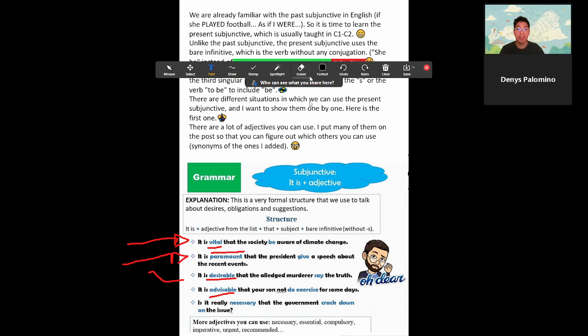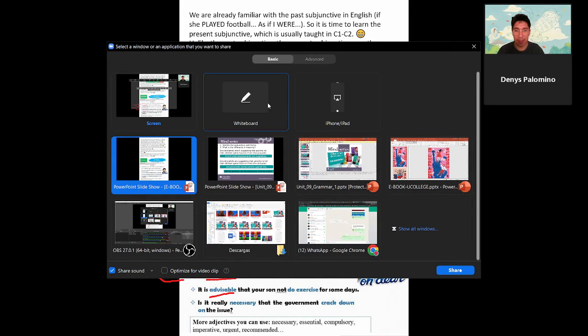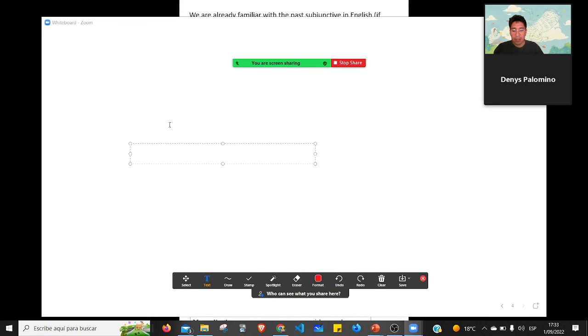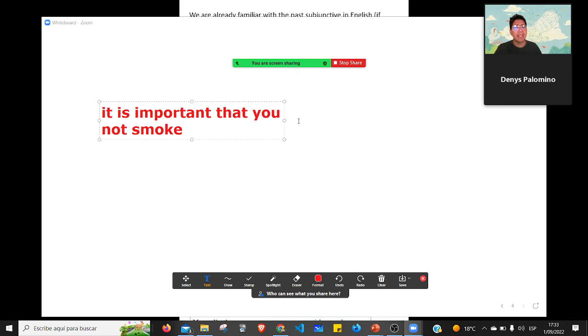A ver, lo voy a escribir para que se quede así, mira. Yo puedo decir lo siguiente. It is important that you not smoke. Es importante que tú no fumes. Esto la segunda forma que tiene él con adjetivos es it would be.